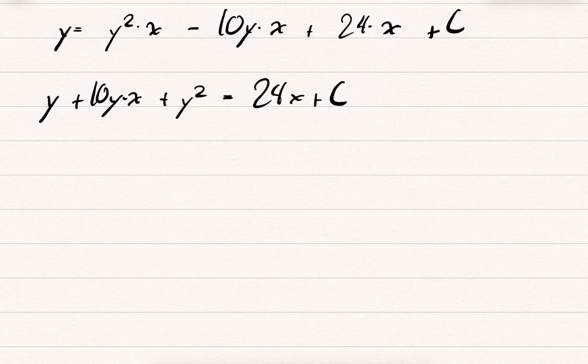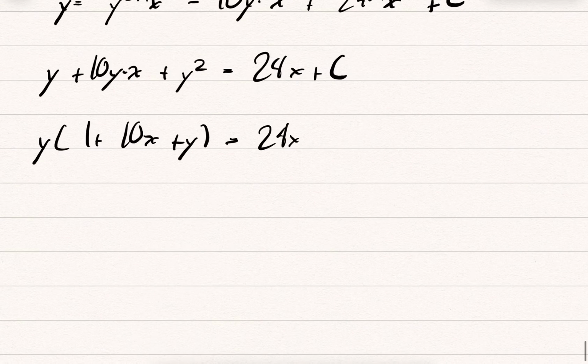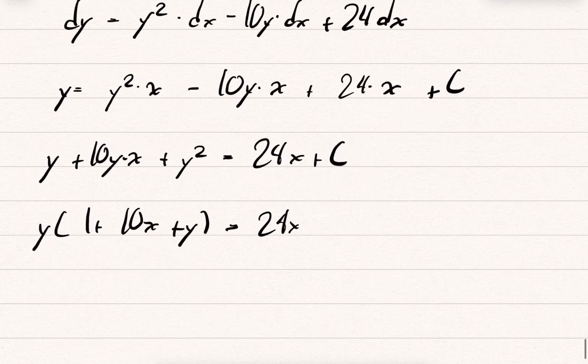And if I try and factor out y, I'm going to get 1 plus 10x plus y equals 24x. So now I have two solutions for y, because I'll have y equals 0, the trivial solution, and whatever this will work out to. It's not good. Don't do it.